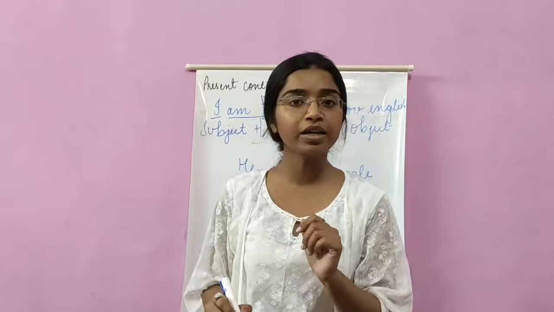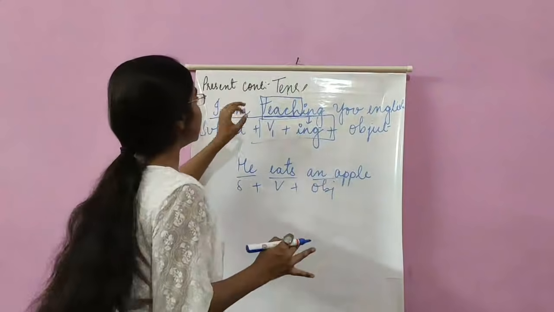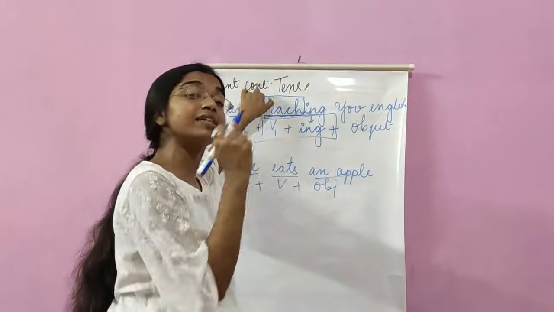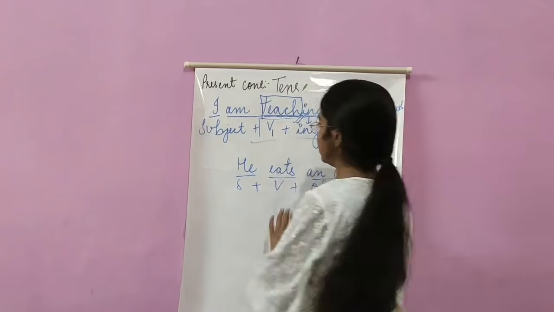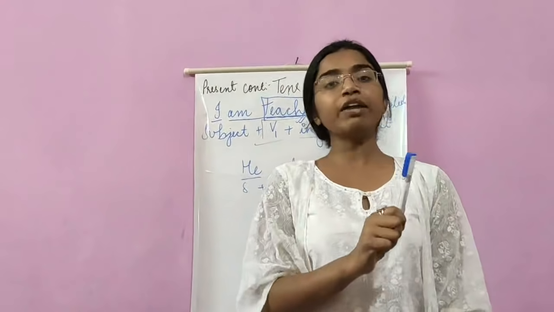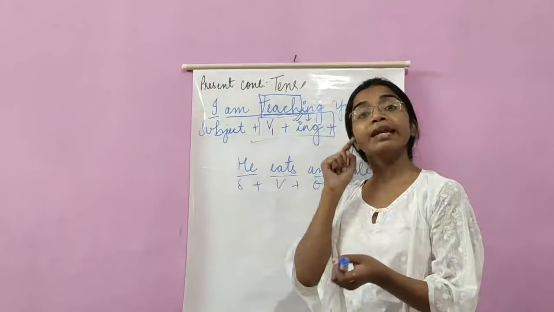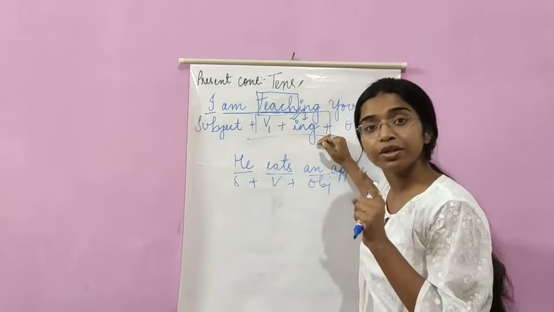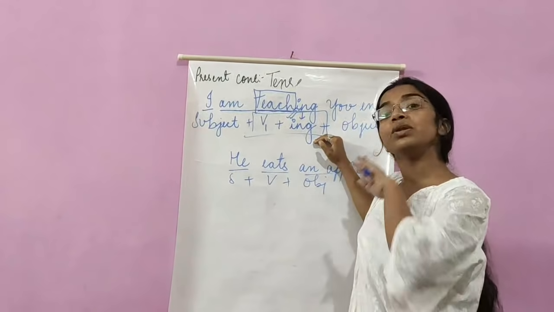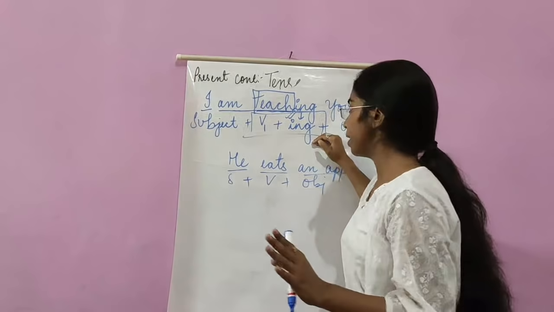Can you understand why? It's only because I want to tell you, whenever a tense says that it is continuous in nature, it necessarily should have ing. Even in case of perfect continuous tenses, we necessarily should have an ing form of the verb. Without this, the sentence will not be a continuous sentence. Clear? I hope I am clear.